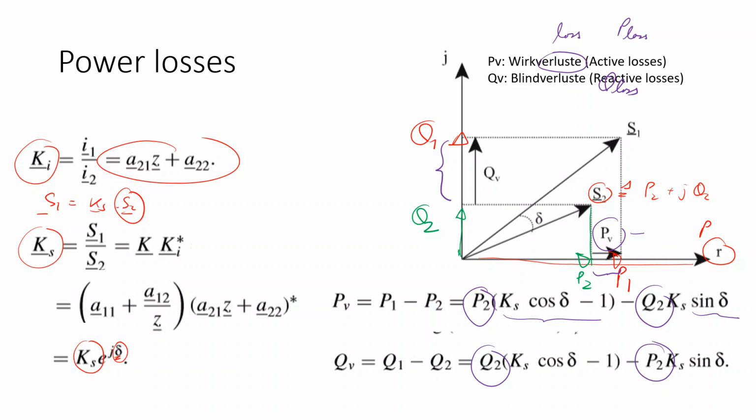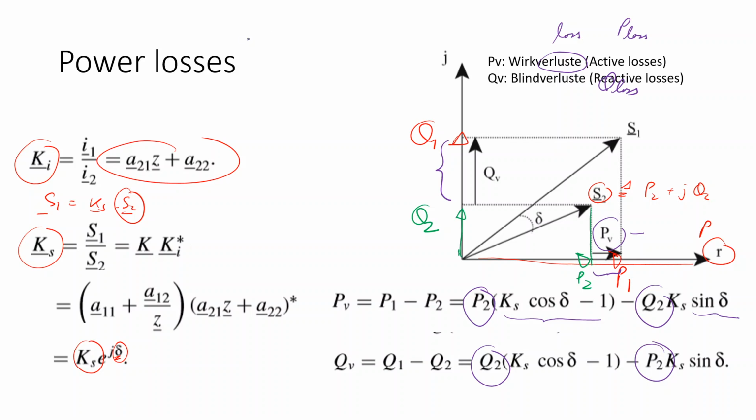Because we need this kind of multiplication, this kind of factors, right? So we can map the quantity at the receiving end, which is P2 and Q2, to PV and QV, all right?